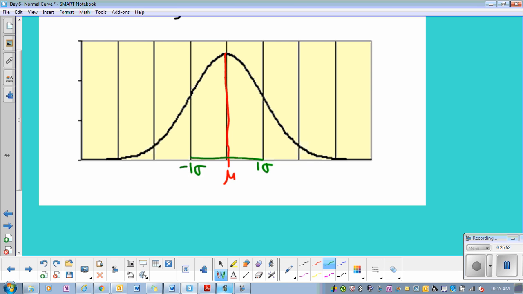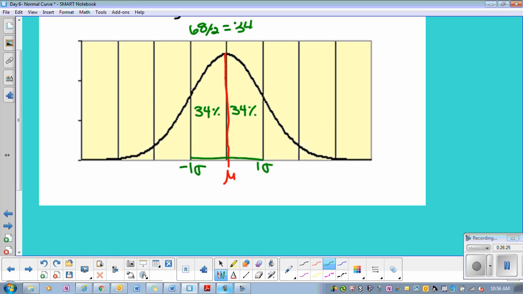The empirical rule says one standard deviation above and below is 68%. Well, then 68 is two of these bars. How do I figure out one? Divided by 2. Cut it in half. What do we get? 34. So each little bar is 34%. That's just your first standard deviation.